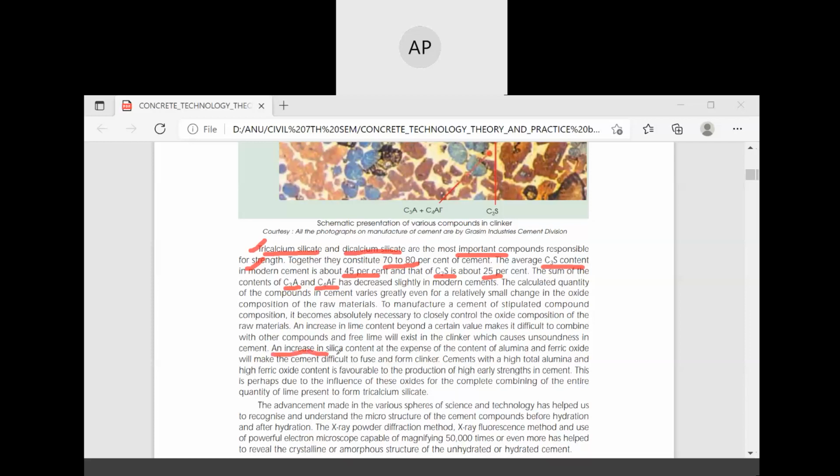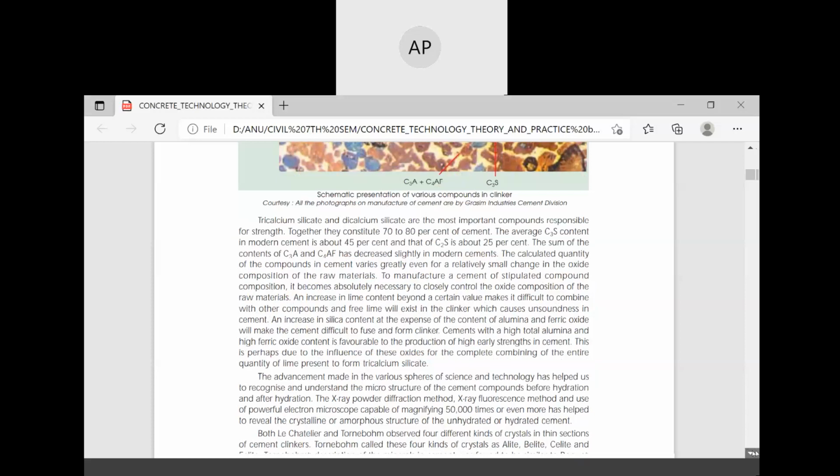An increase in silica content at the expense of the content of alumina and ferrous oxide will make the cement difficult to fuse and form clinker. So mainly responsible compounds are tricalcium silicate and dicalcium silicate, which give strength to the cement.